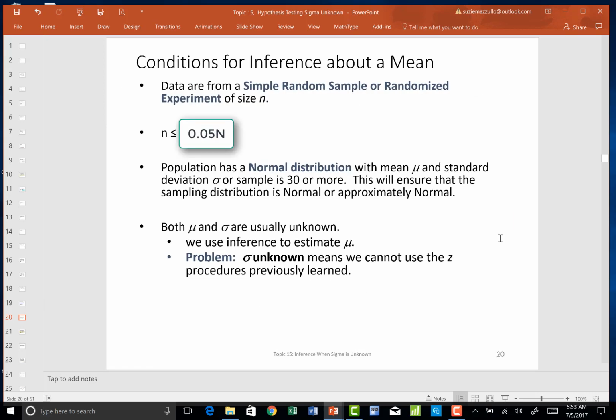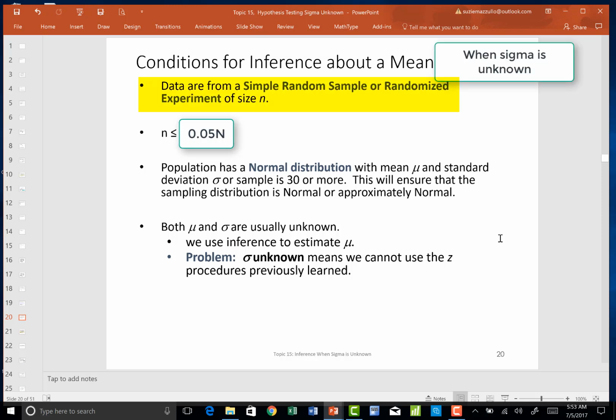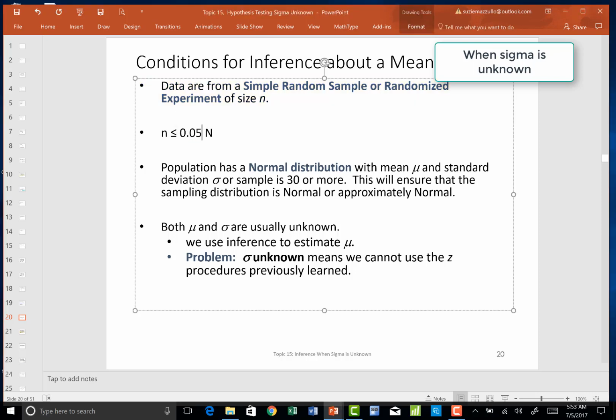So please, let's not forget the conditions for inference about the mean. When sigma is unknown, we still need data from a simple random sample or randomized experiment. So our sample size has to be less than 5% of the population. The population has to either have a normal distribution, so that my sampling distribution will be normally distributed, or my sampling distribution has to come from samples of 30 or more, so the central limit theorem can be invoked, so that the sampling distribution of the sample mean is normal or approximately normal.